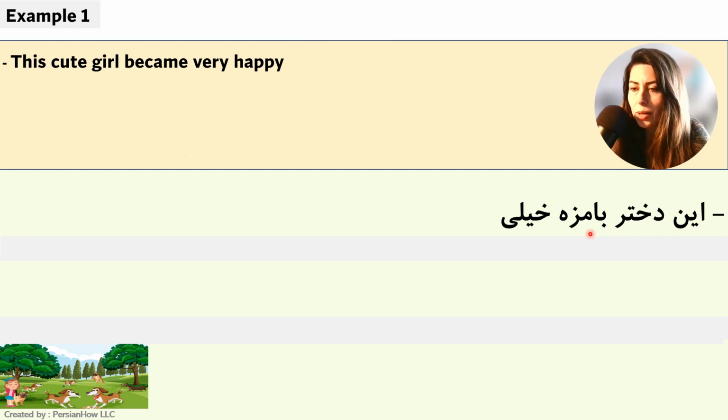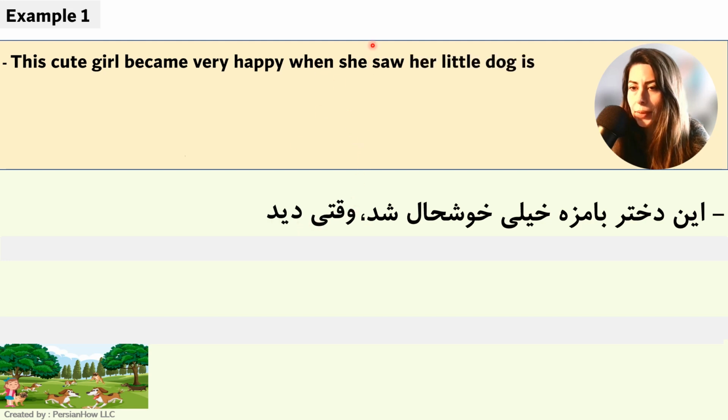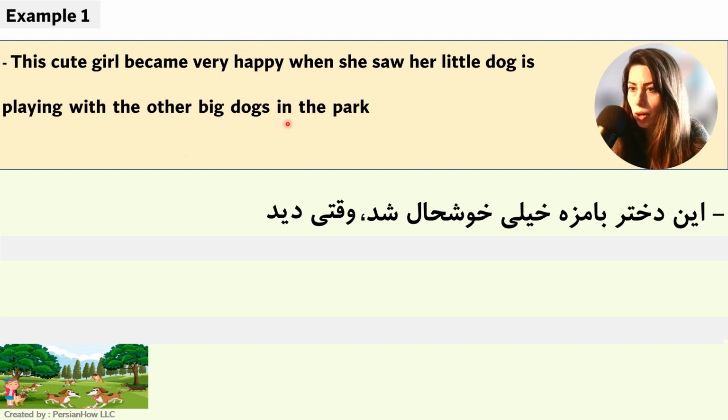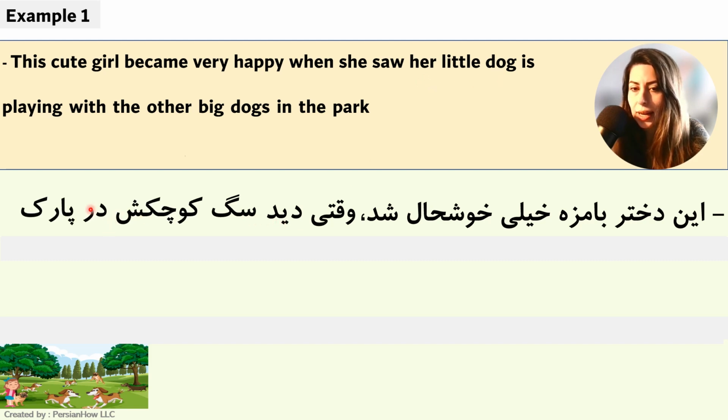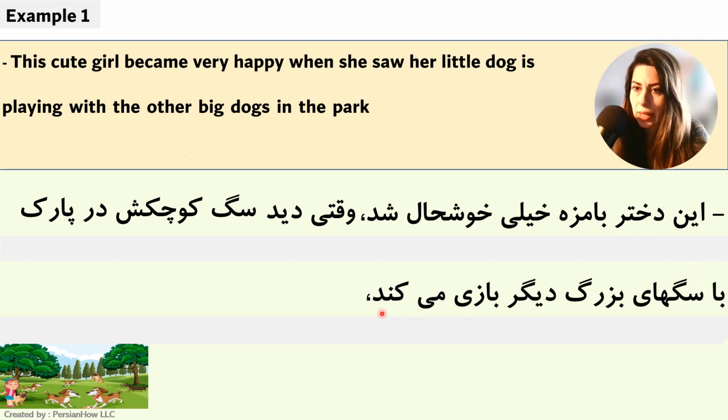این دختر بامزه خیلی خوشحال شد when she saw وقتی دید her little dog is playing with the other big dogs in the park. All right, so we need to start with her little dog. سگ کوچکش در پارک با سگ‌های بزرگ دیگر بازی می کند.